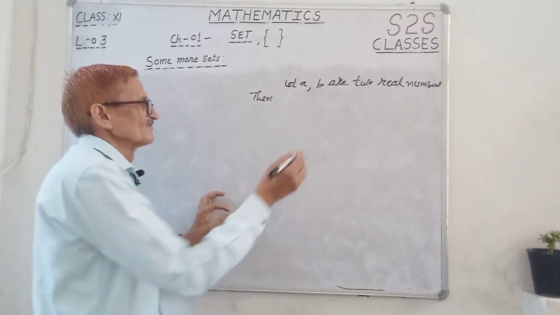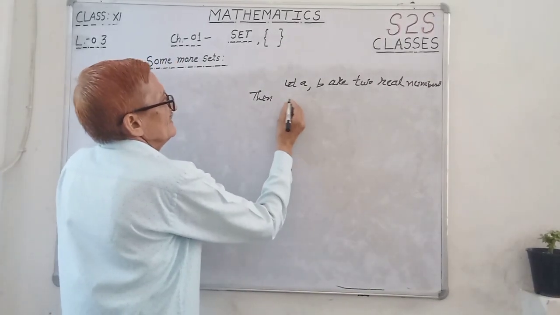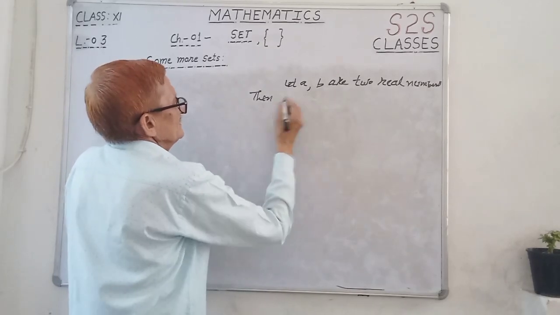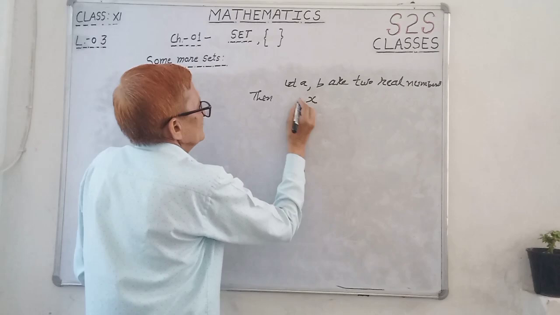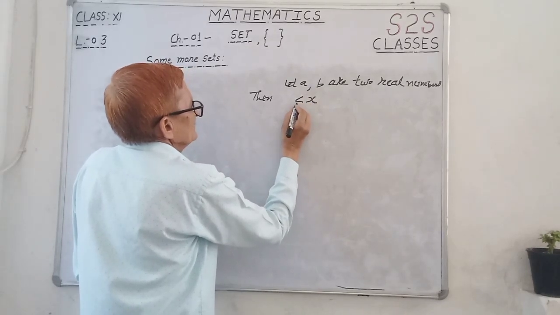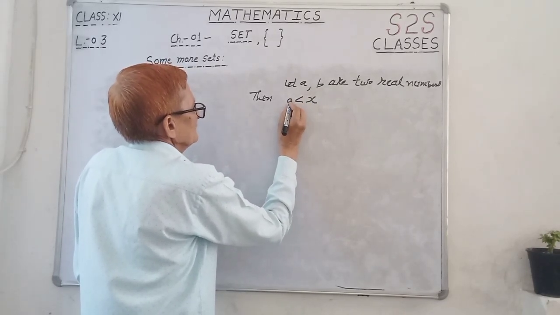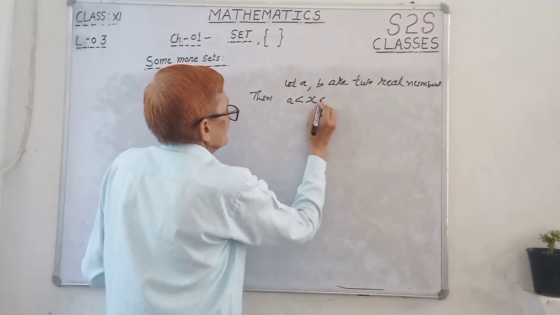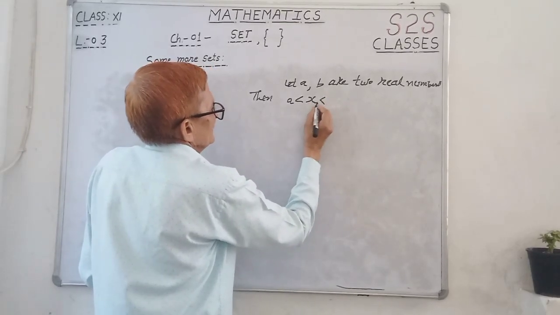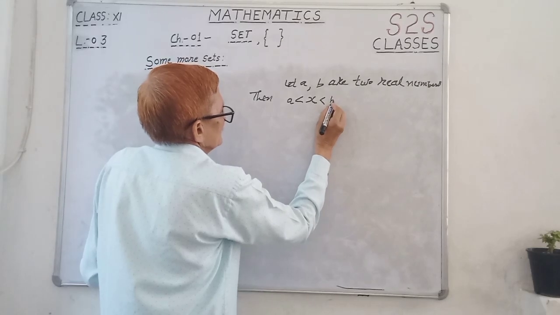Interval form. For real numbers a and b, x belongs to the set where x is greater than a and less than b.